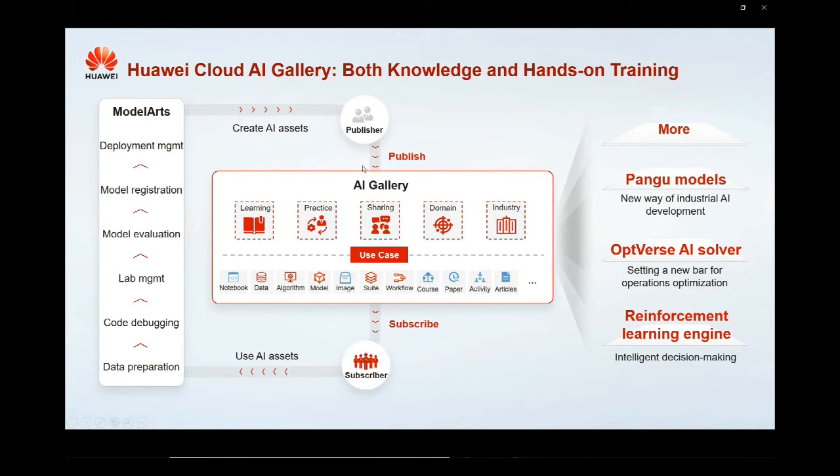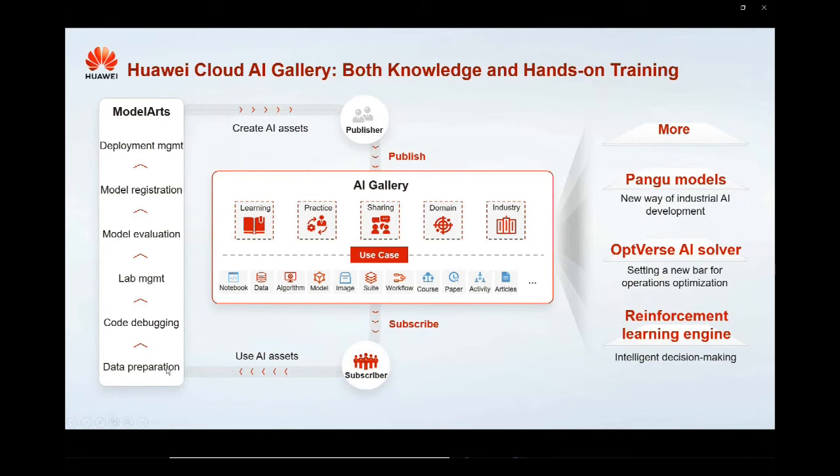Okay, and some are published by us officially, or some are from our community. They create some AI assets and publish them to the AI gallery. And if you want to use some assets here, you can subscribe, okay, and use the AI assets.